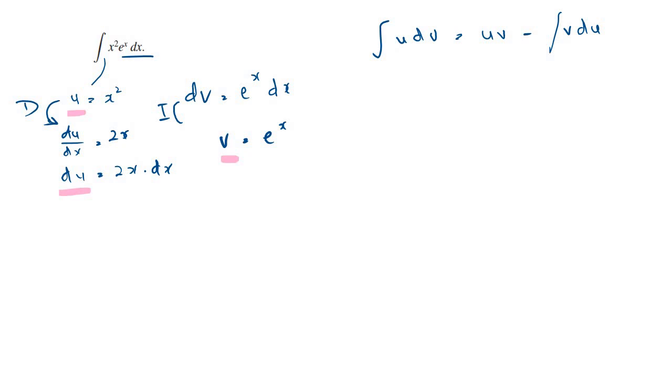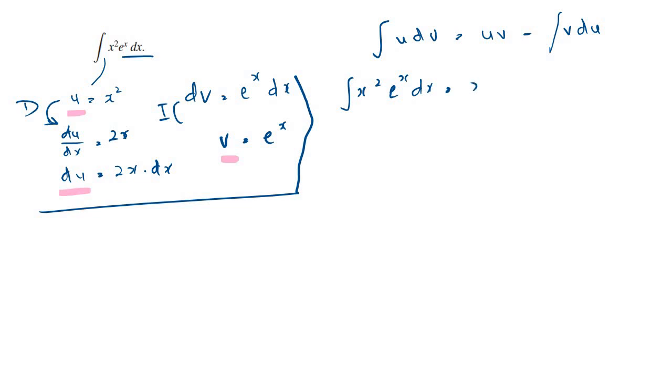I will use what we got here in this equation. If u is equal to x squared and dv is equal to e^x dx, then we get x squared e^x, v is equal to e^x, minus the integral of v du, which is e^x times 2x dx.